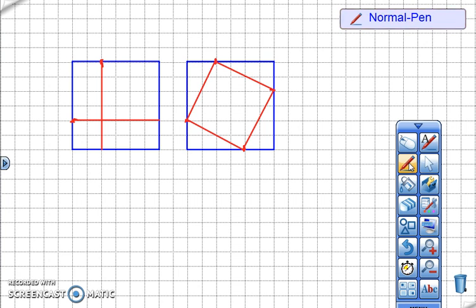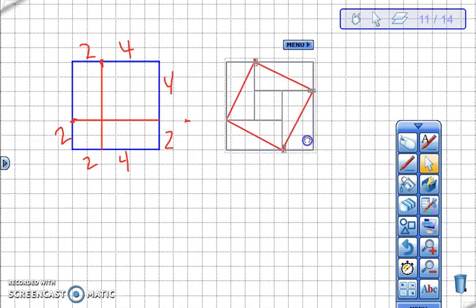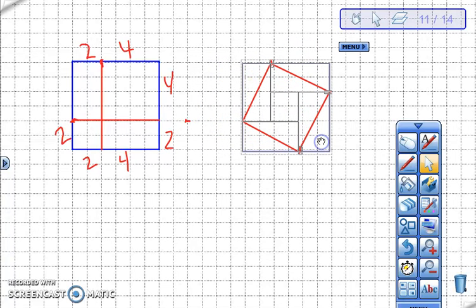Okay, so let's look at what happens if we take the area of each of these boxes. Or rather, let's start by counting up the number of boxes in each section. So let's see, I've got 2 here, 4 here, 4 here, 2 here, 4, 2, 2. Let me scoot this guy over just a little bit, give me a little bit more room.